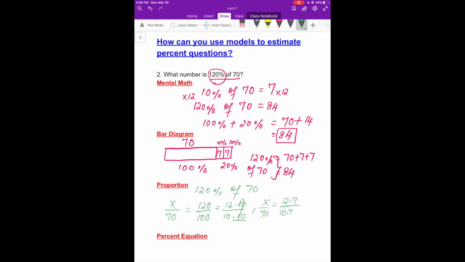So the value won't change. So I'll get 84 over 70. So x over 70 is equal to 84 over 70. The denominators are the same, so x will be 84. So the answer is going to be 84. 120% of 70 is equal to 84.